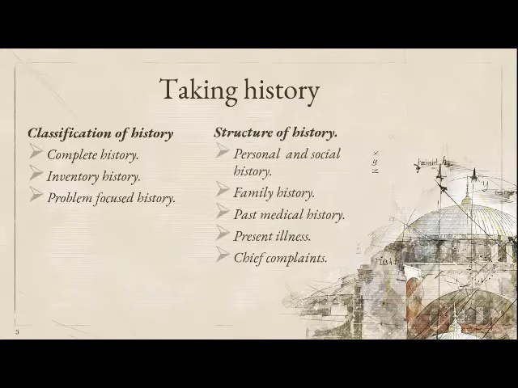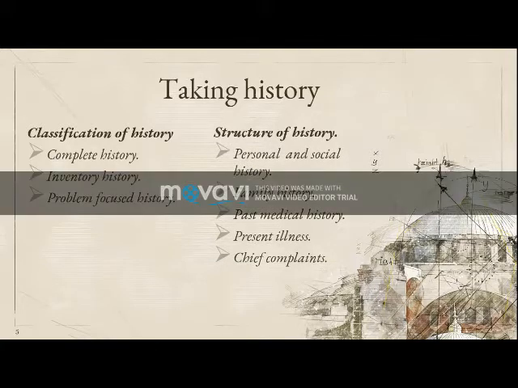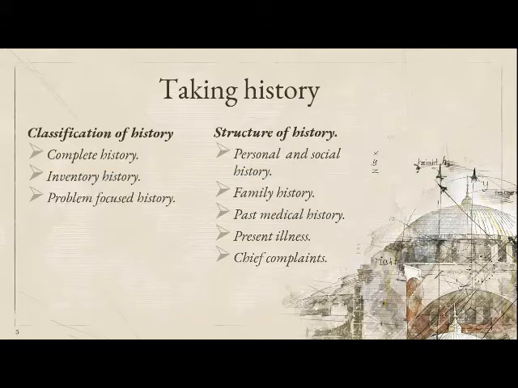And then next we'll see the structure of history. Firstly, personal and social history, like their name, age, everything, and social history also: their nationality, everything we'll ask. In family history, we'll ask about any hereditary diseases, and we'll see the family tree and family composition.